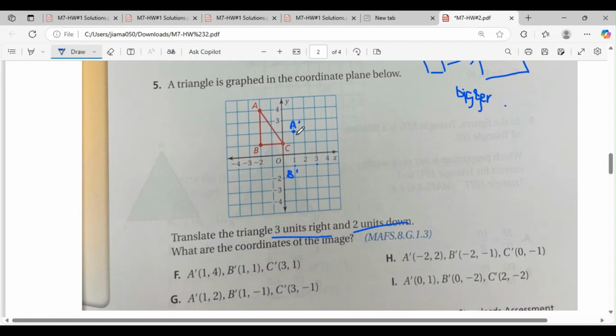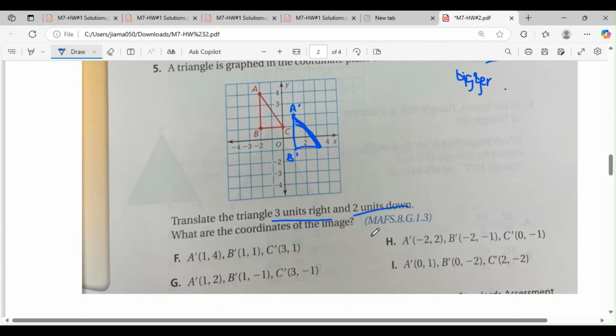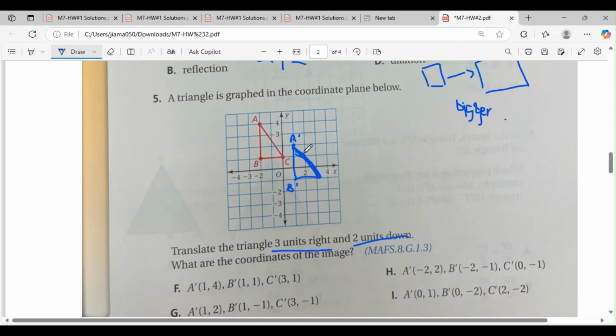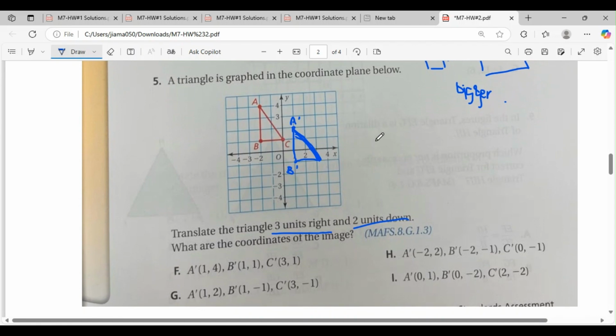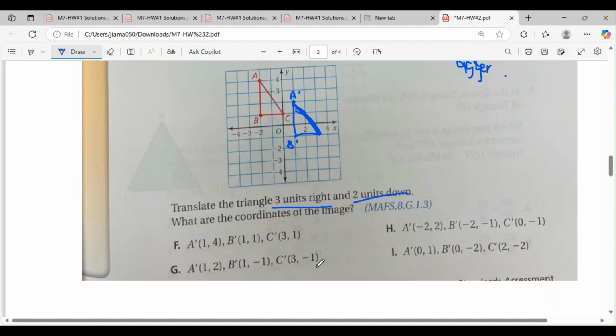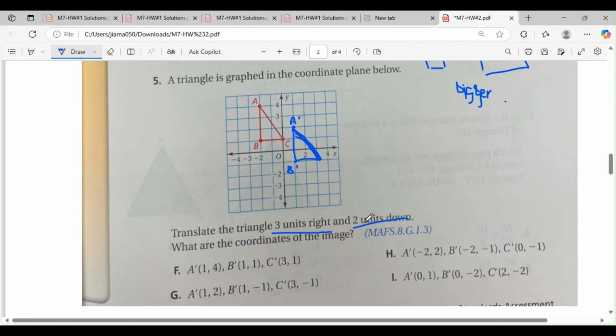Okay, so let's connect the 3 points. This is the triangle after translation. Let's see the options.